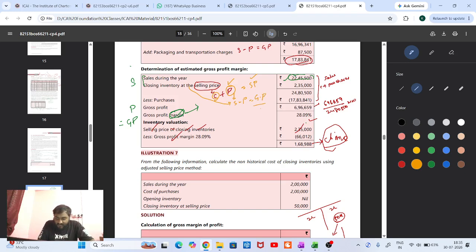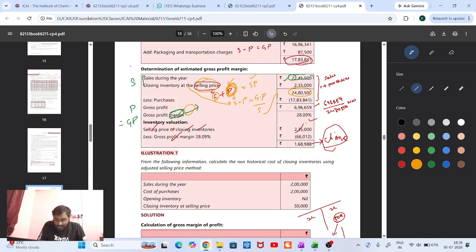Gross profit divided by sale. Sale is this amount. If you do this, we get the gross profit margin, the profit percentage, that is, profit on selling price.